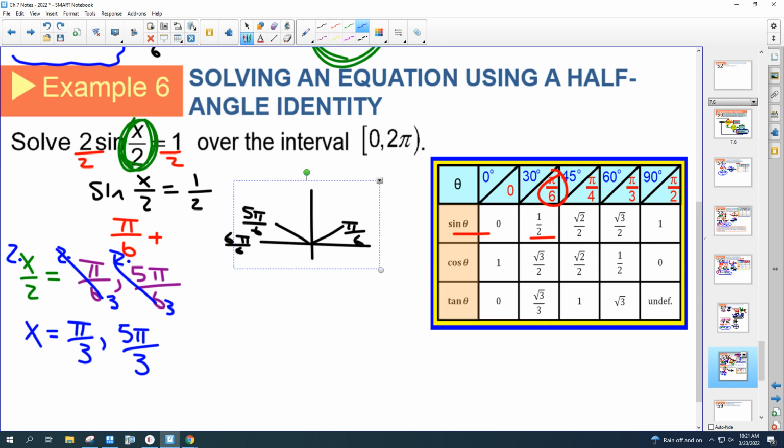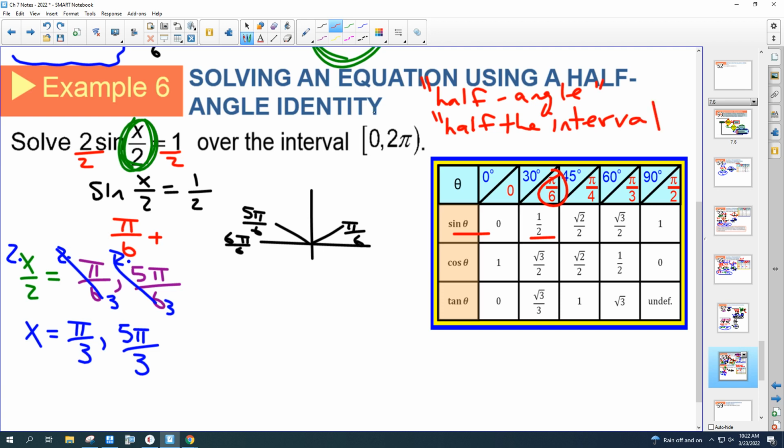Now, almost done, but we've got one thing that's really weird anytime you've got a half angle, double angle, something like that. When you've got a half angle, and you'll hear me say this a lot, half angle, half the interval.